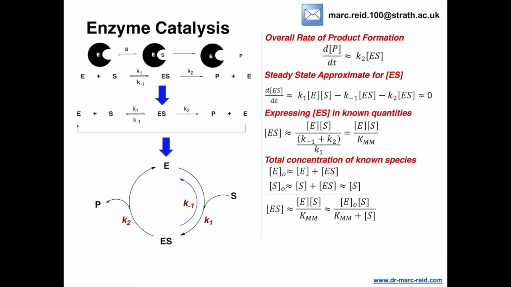S subscript naught is the total concentration of substrate, which is the concentration of unbound and bound substrate, but because the concentration of bound substrate is so small, we can approximate the total amount of substrate to be simply S. This allows ES to be expressed in terms of total concentrations of the known species.